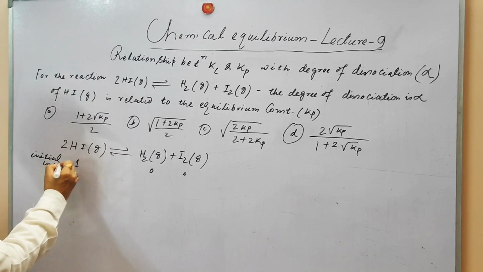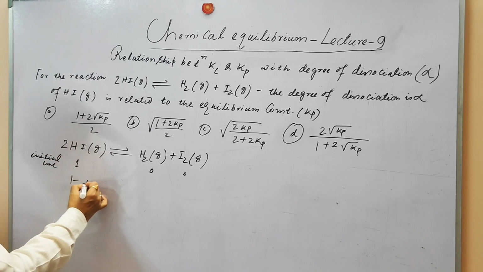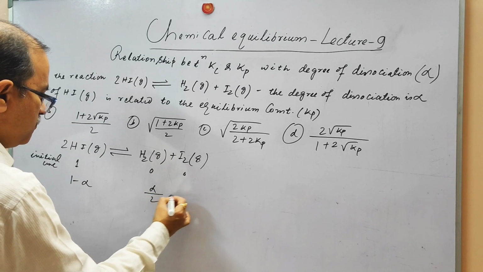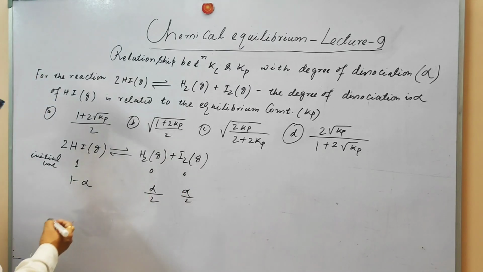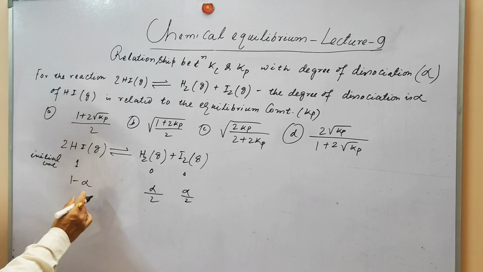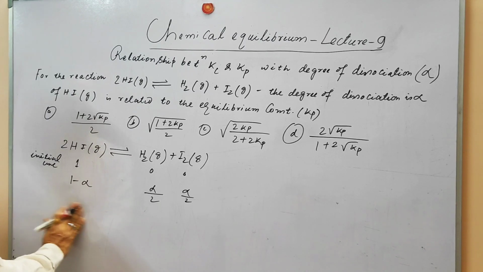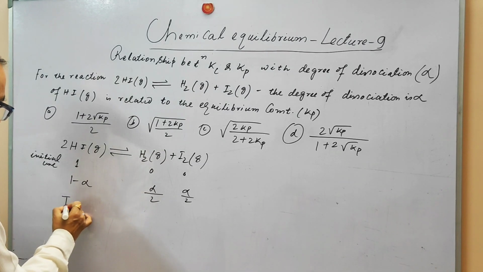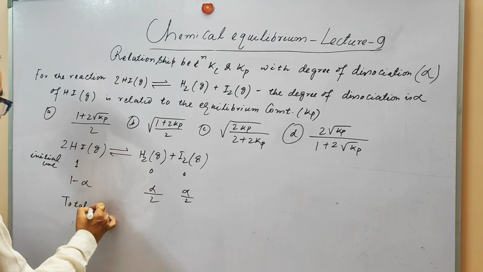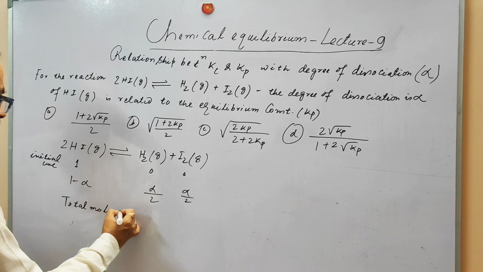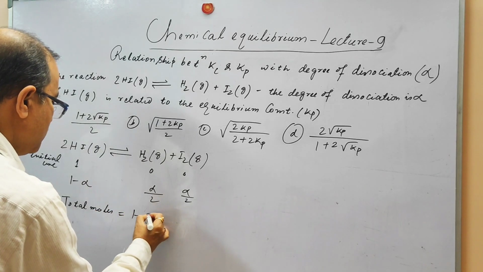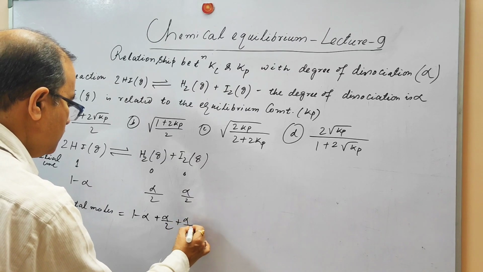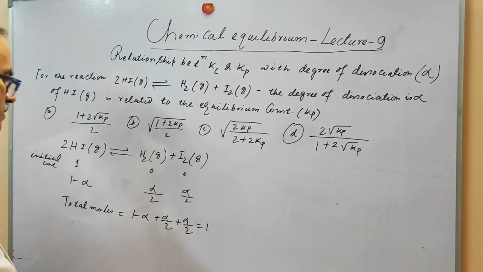If this is 1 minus alpha, then it will produce alpha by 2 and alpha by 2. We don't have the molar concentration, and you require the Kp, so total moles you have to calculate, right? Total moles is 1 minus alpha plus alpha by 2 plus alpha by 2, that will be 1.